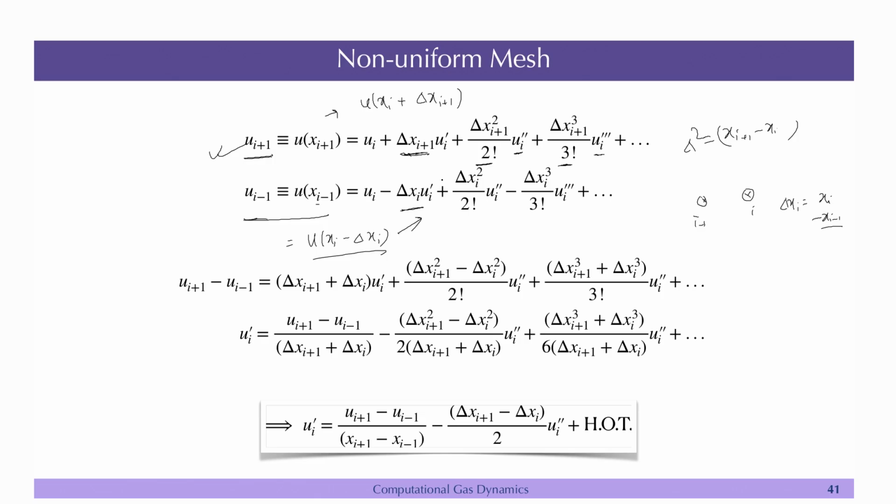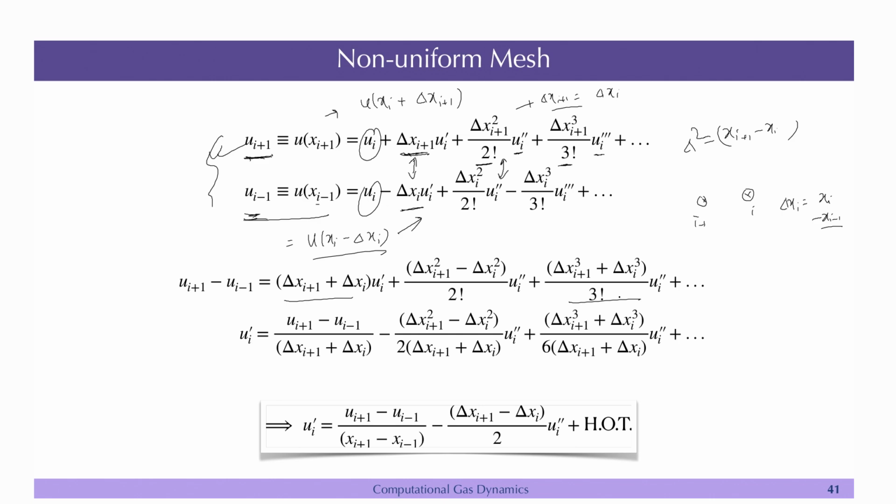You do that, and now like we had done earlier, you subtract u i plus 1 minus u i minus 1, because we want to remove the term u i. So this will go away, and these terms will be added, and these terms will not be cancelled. If it were a uniform mesh, delta x i plus 1 would have been equal to delta x i, and this would have been cancelled, right, but now it will not be cancelled, and similarly you have this third term and so on and so forth.